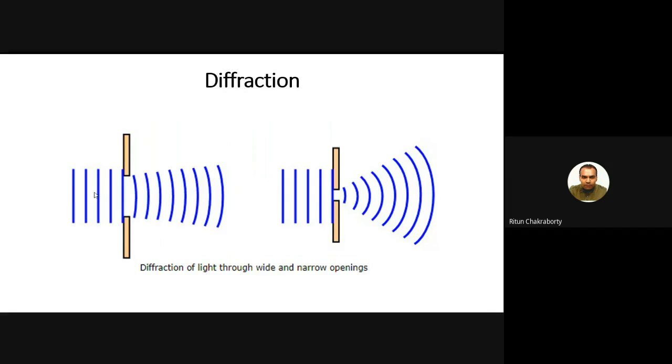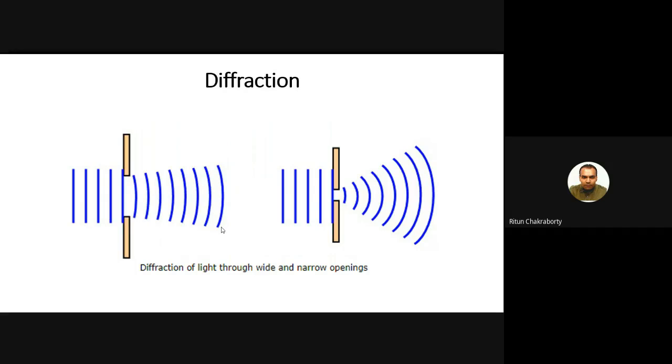Light is moving in a straight line. This is the straight path of motion of light, but once it encounters this wide opening, it shows a little bit of deviation. It is not a huge deviation.